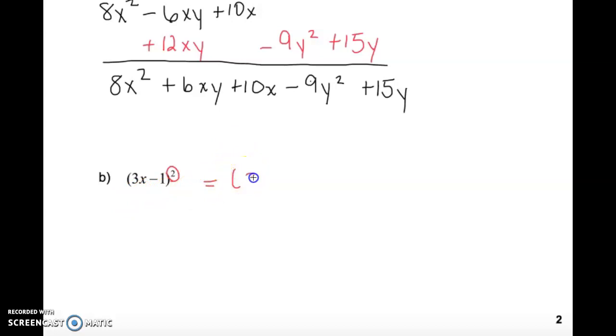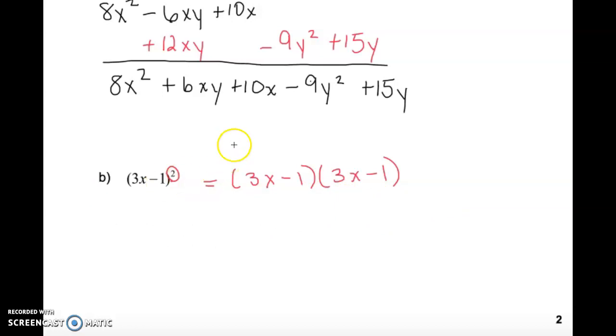So we will actually have 3x minus 1 multiplied by 3x minus 1. And this is very important for this type of question, because if you do it any other way, you will get the wrong answer. So we need to note that when we have a power of 2 on a binomial, we need to expand it to look like this. That binomial multiplied by itself.